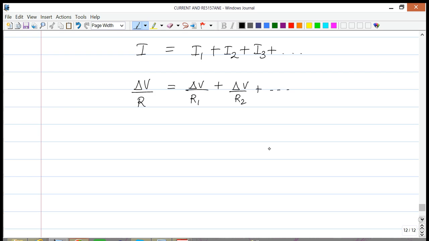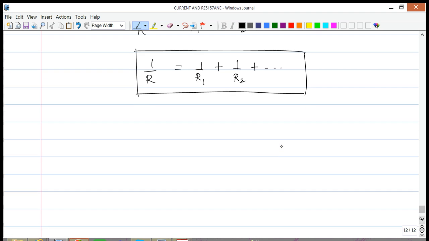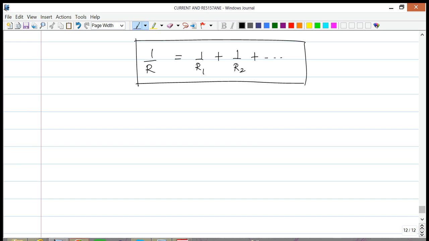Here we see that the delta V's can all be divided out. We end up getting 1 over R equals 1 over R1 plus 1 over R2 plus dot dot dot. So this gives us the effective resistance for a bunch of resistors connected in parallel with each other.